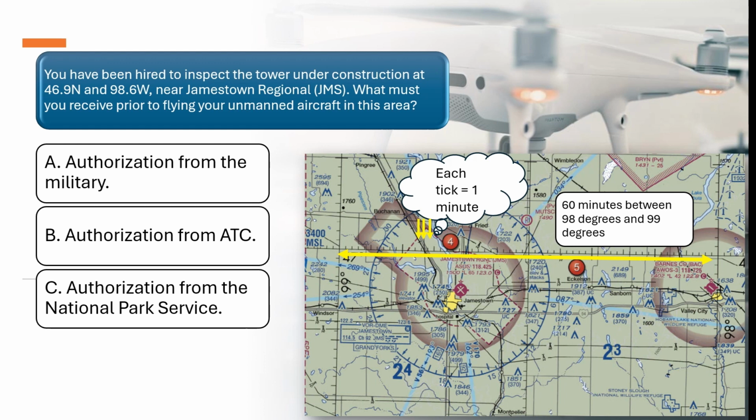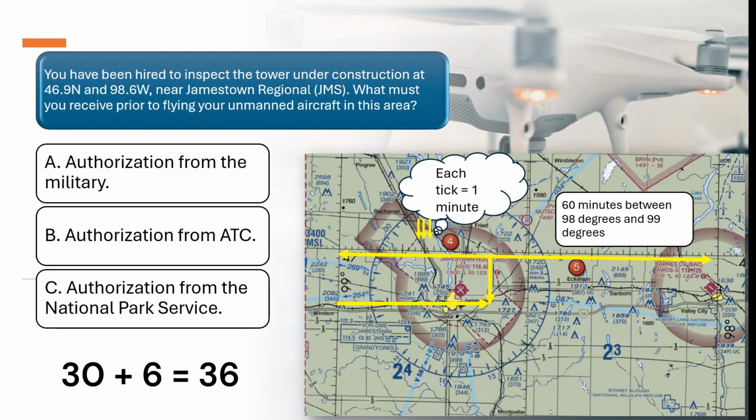To find the exact latitude line, just take 60 multiplied by 0.9 since the first coordinate is 46.9. 60 multiplied by 0.9 equals 54, so we can count down 6 tick marks from the 47-degree latitude line to find the precise line of latitude. To find the precise longitude line, multiply 60 by 0.6 to get 36.